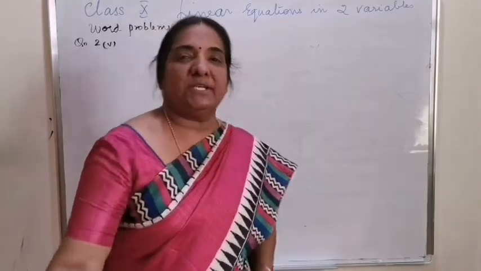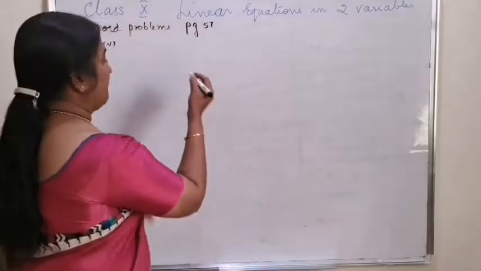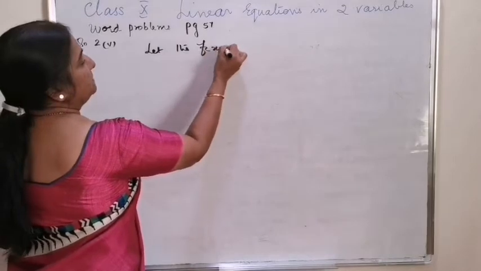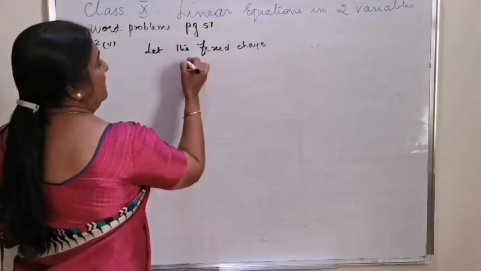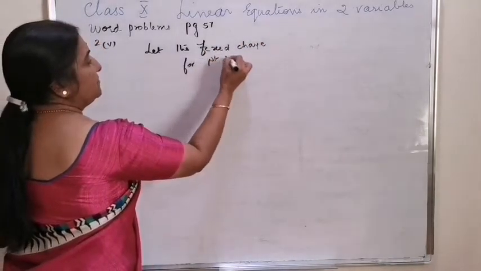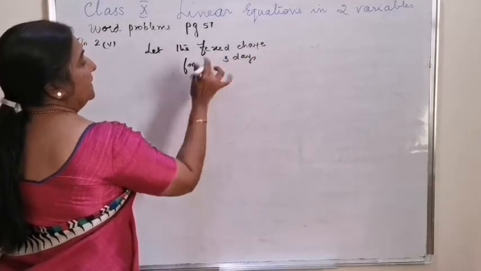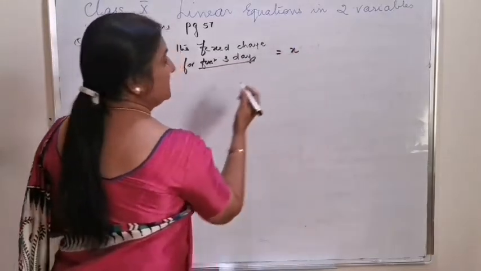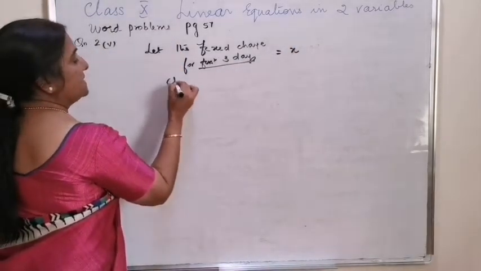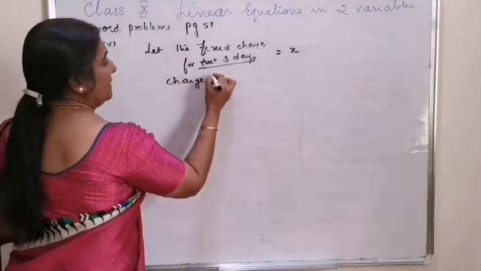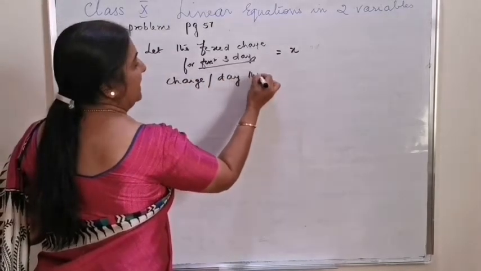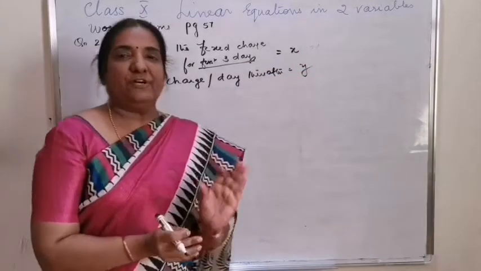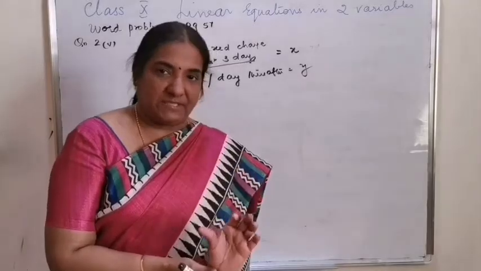How do you take the statement? Let the fixed charge for the first 3 days be X and then the charge per day thereafter be Y. For the first 3 days you have to pay only X rupees.